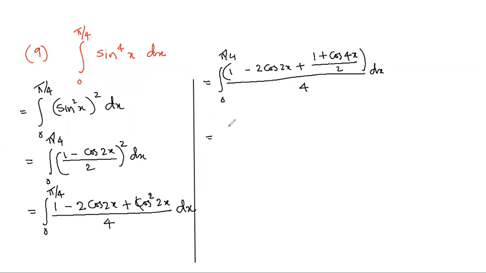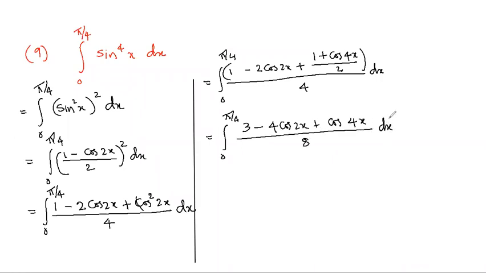Now I'm going to take the LCM. This 2 plus 1 will give you 3, minus 4 cos 2x plus cos 4x, and the denominator will become 8.